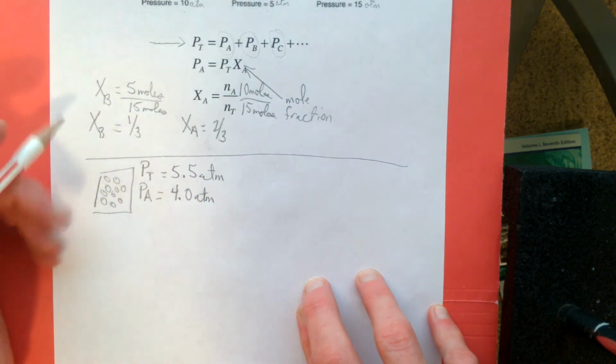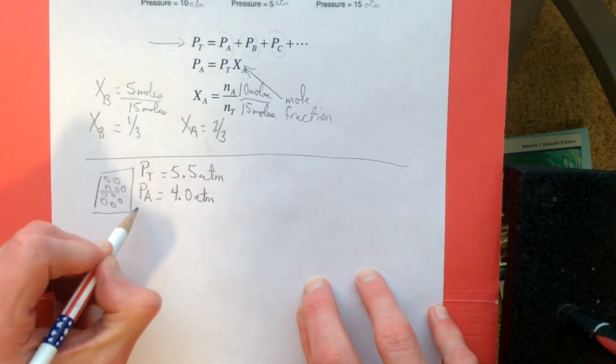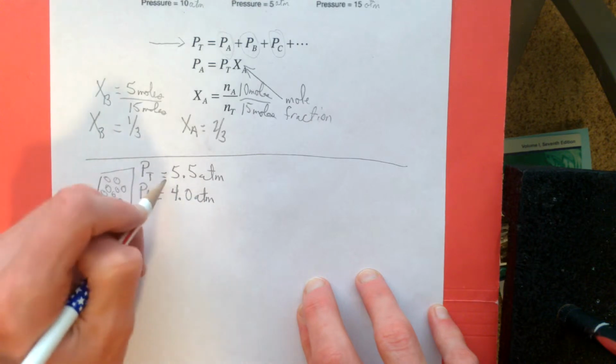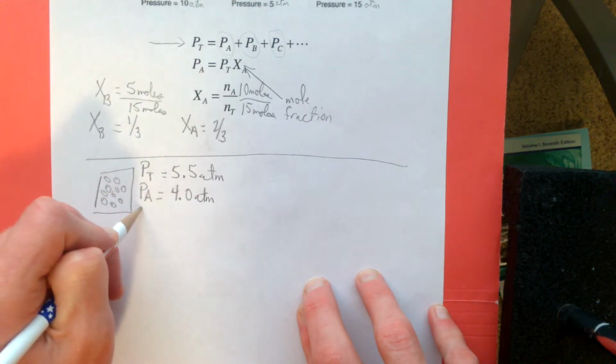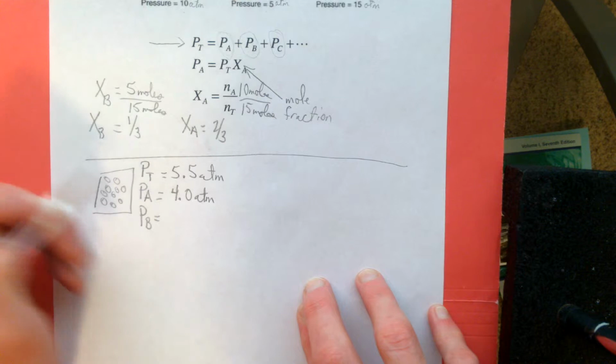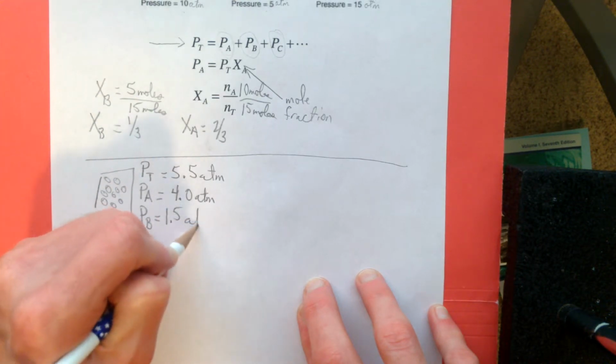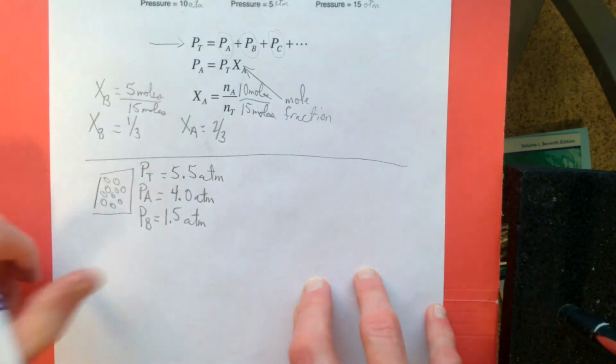Well, if we know that the partial pressure of A is 4.0 atmospheres and the total is 5.5, then our second gas in the mixture has a partial pressure of 1.5 atmospheres.